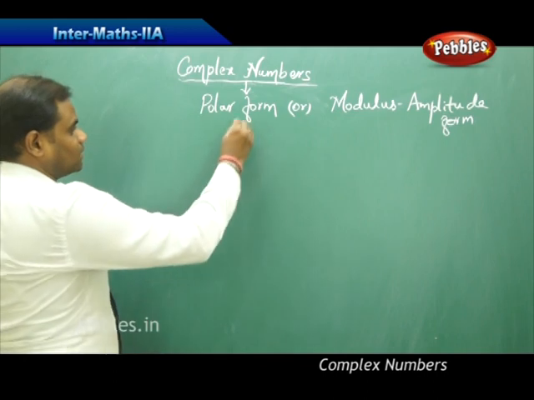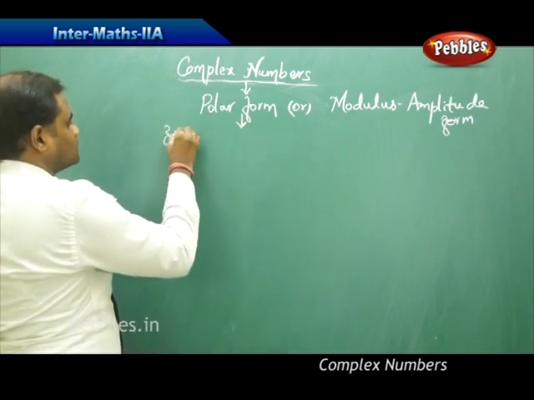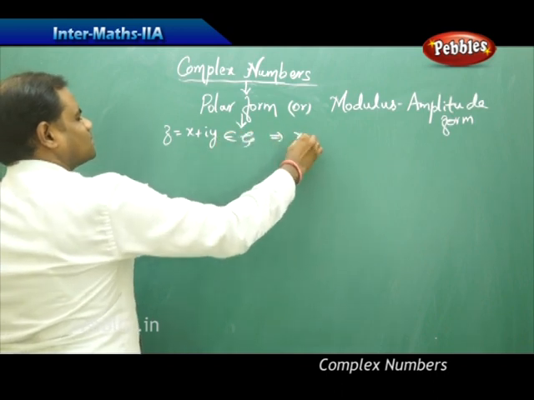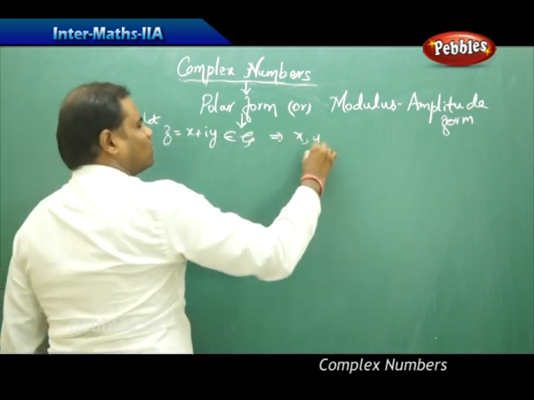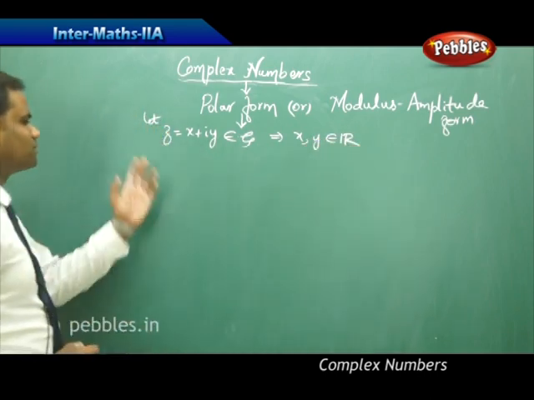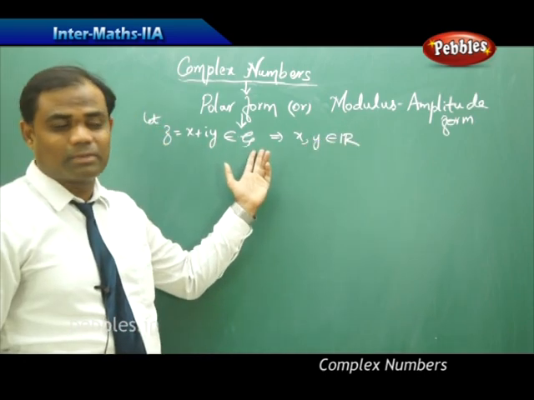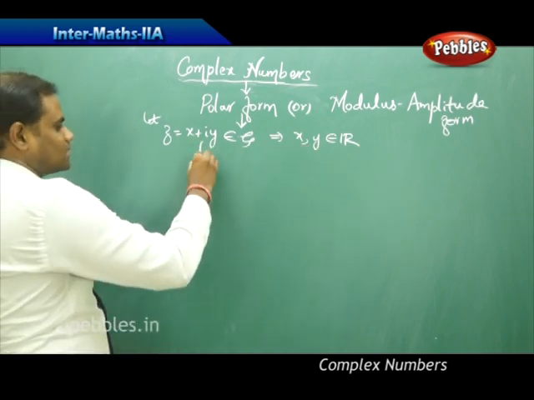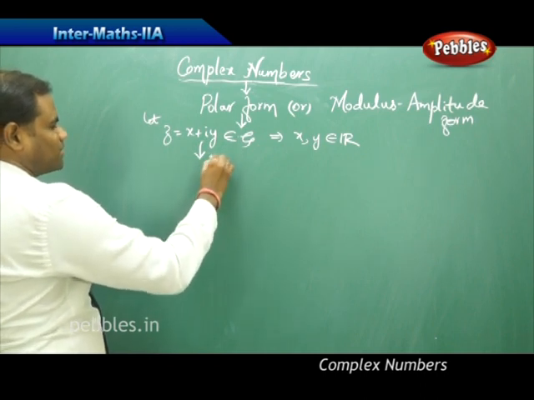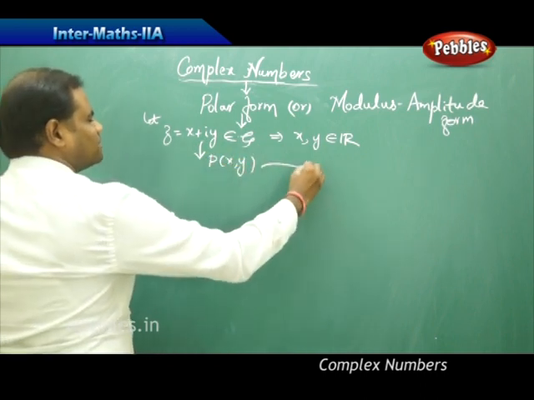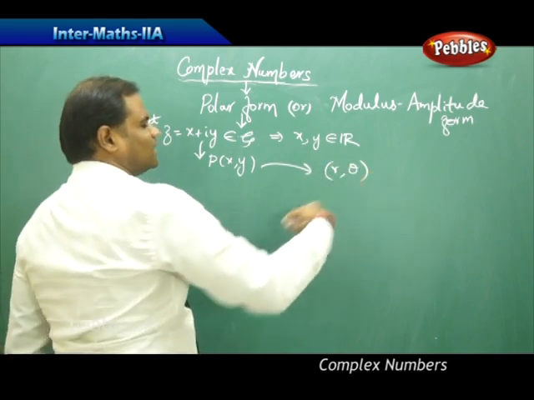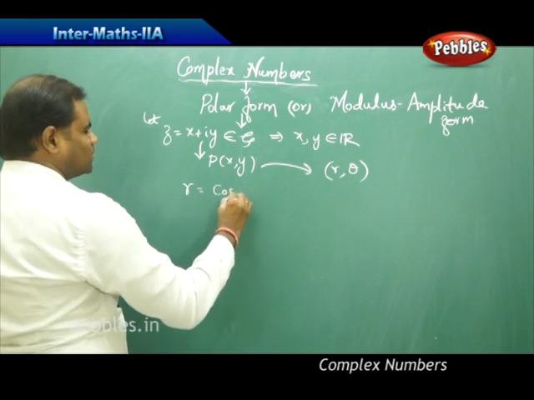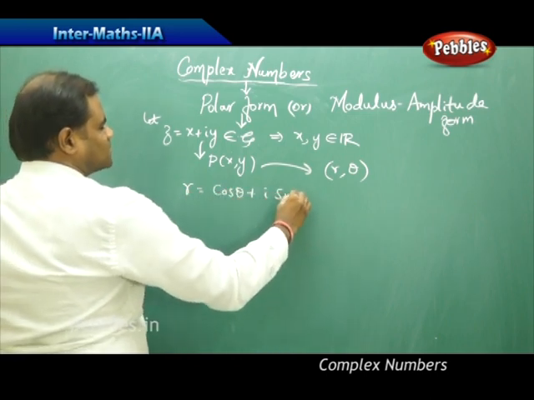So the complex number z equals x plus iy belonging to C implies x comma y belong to R. That is, let z equal to x plus iy, which belongs to complex numbers, then x and y belong to R. Now correspondingly for this z, we have seen that there is a point P(x,y) which is related with its polar coordinates r and theta, such that z is given by r cos theta plus i sin theta.